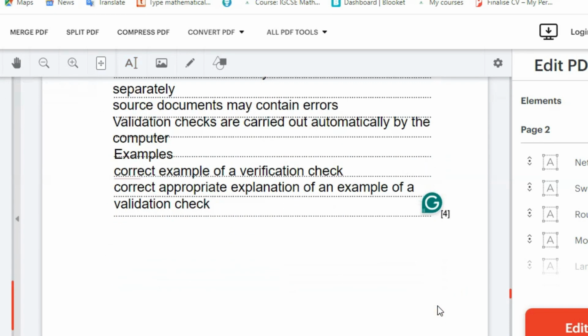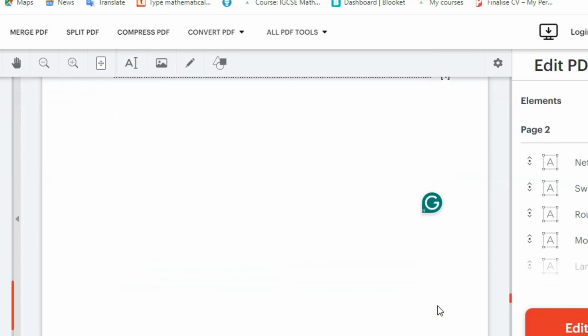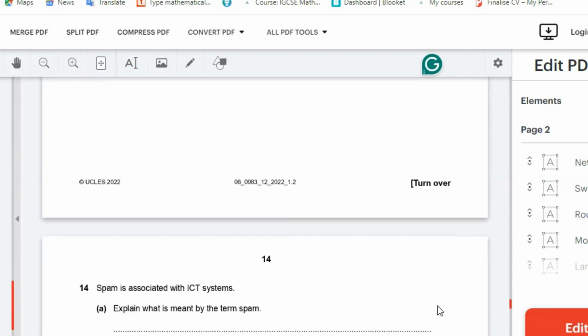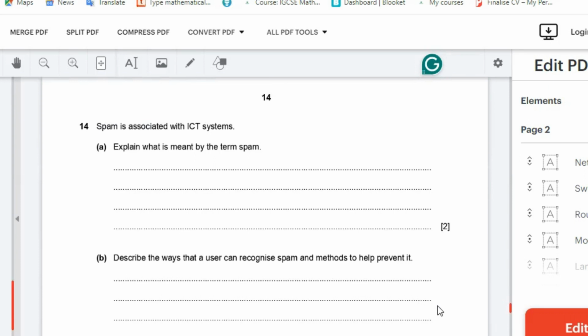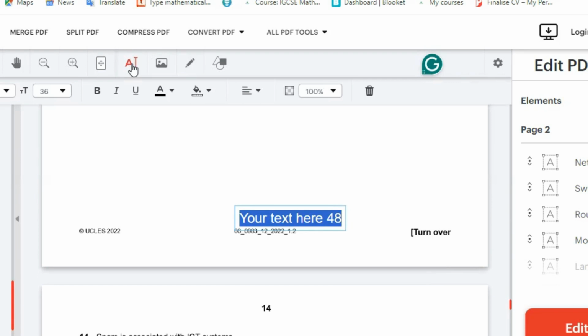Now let's go to the next question, which is question number 14. It says spam is associated with ICT systems. Explain what is meant by the term spam. What do we mean by spam?